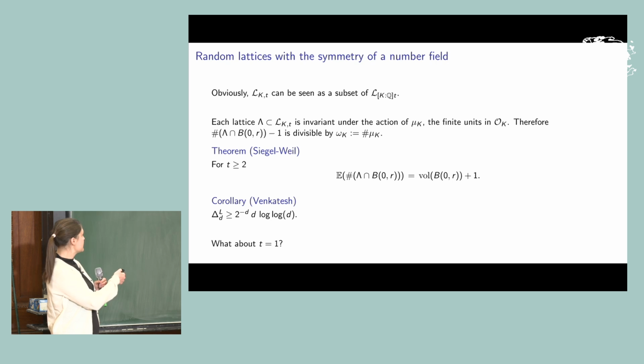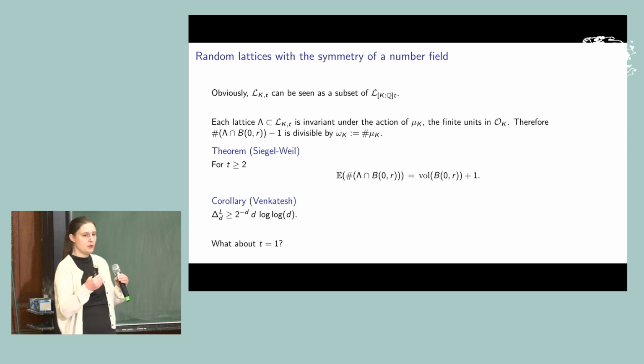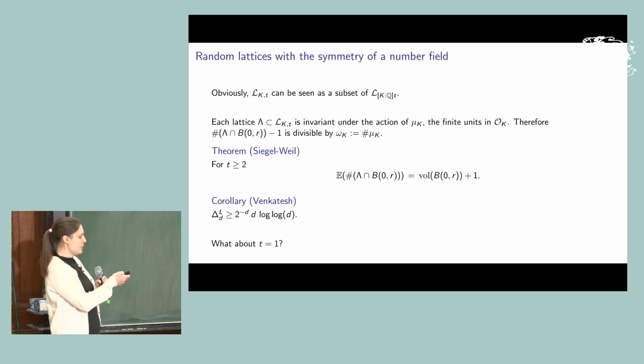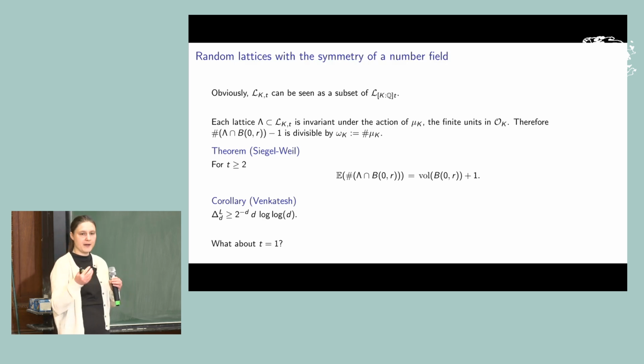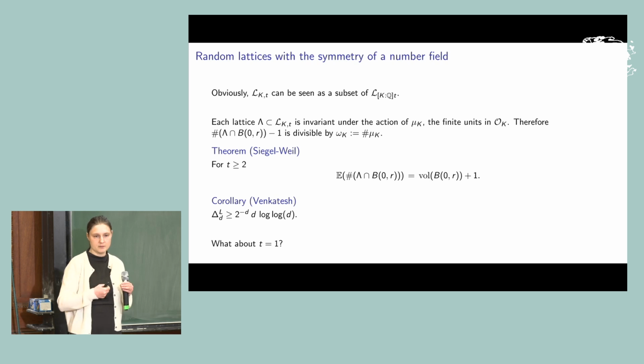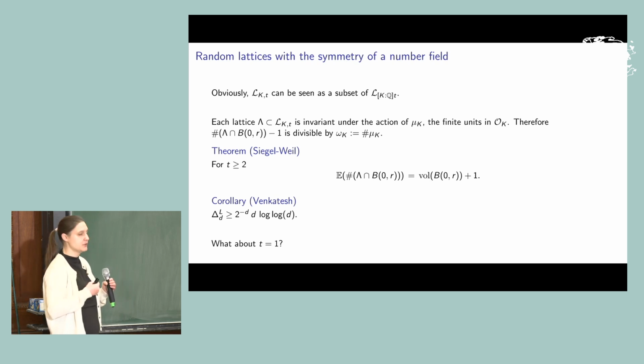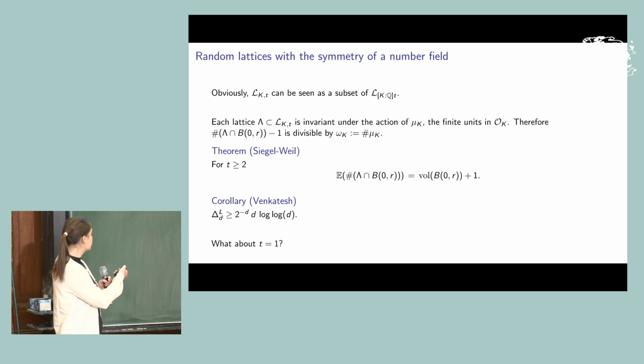And so it means that the lattice points in a ball, before, they all came in pairs, the vector and its negative. But now they will come in these bunches, which are the orbits of this subgroup of the finite units. And so this gives us a little bit of an edge, and this allowed Venkatesh to get this extra term.